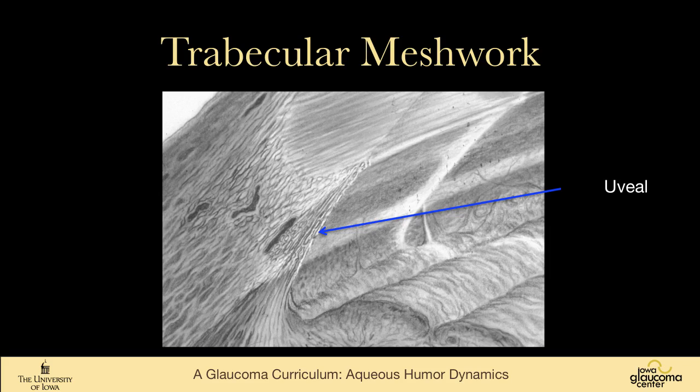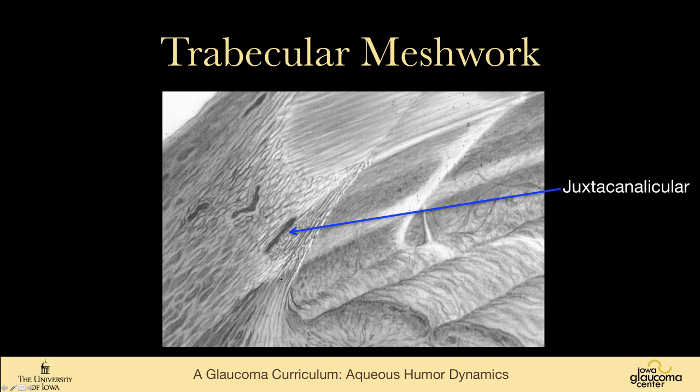So this is a higher magnification view of the iridocorneal angle. The trabecular meshwork has three components: the uveal, which are these fine strands that go from the iris up to the cornea, fairly lacy. Then there's the corneal scleral meshwork that bridges between scleral spur and the cornea in this region.